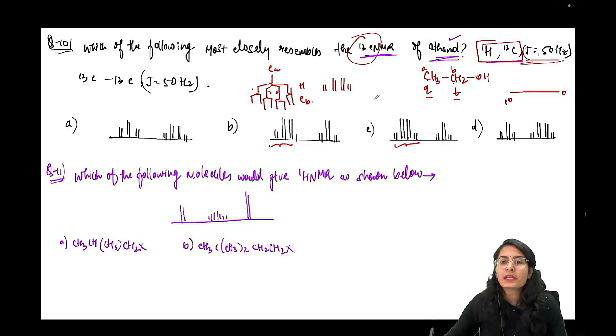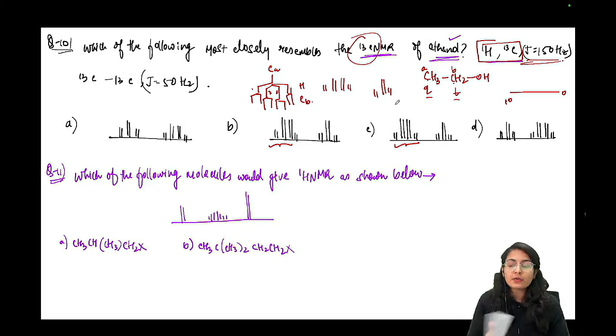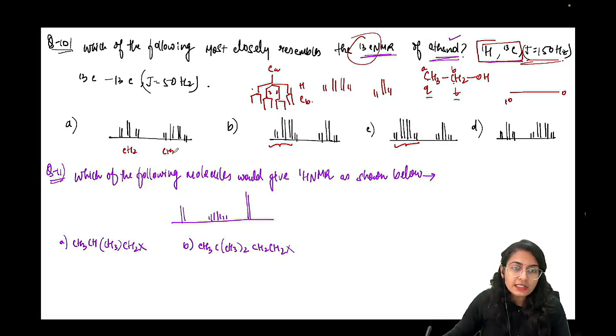CH2 is going to be giving you 1 1 2 2 1 1, this kind of a signal. But on a scale of 0 to 10, who is more de-shielded, CH2 or CH3? That is going to come on the closer side to this. See, this CH2, CH3, 0 to 10 scale.